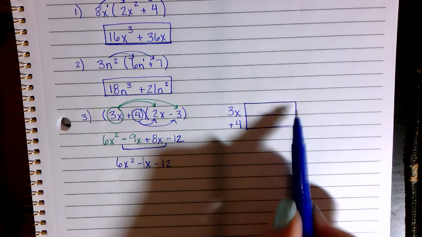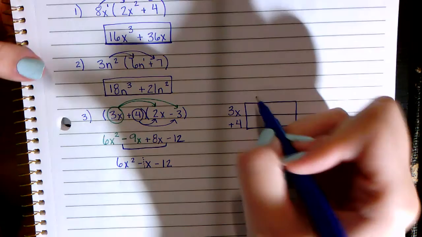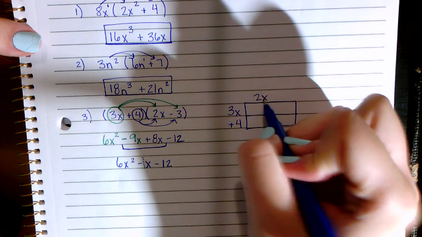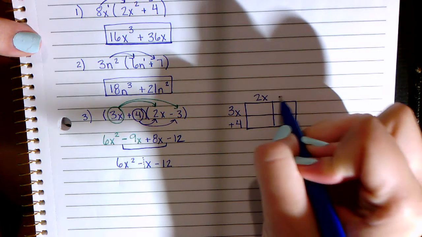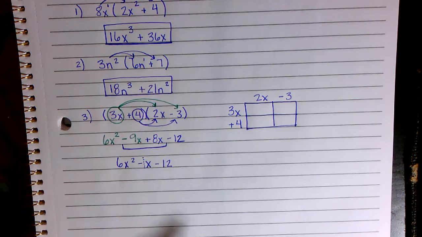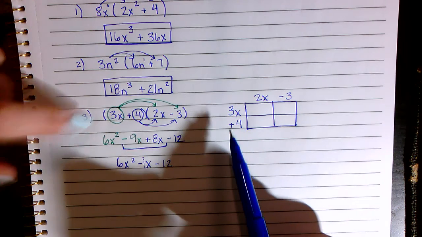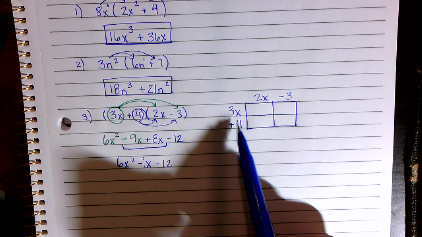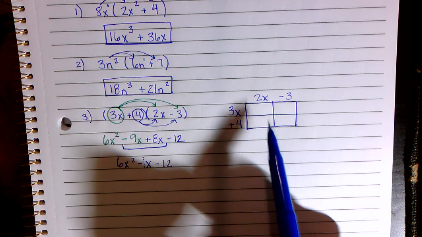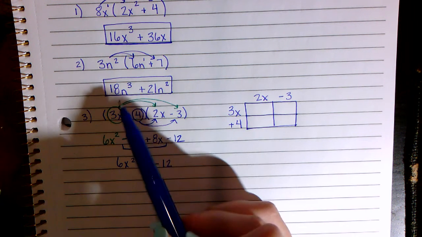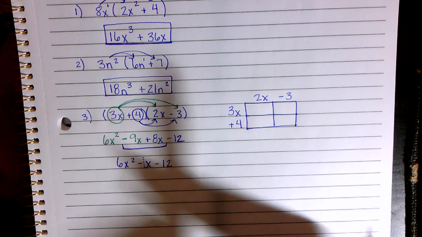So 3x gets a box and positive 4 gets a box. And then on the top, 2x gets a box and minus 3 gets a box. So you're basically turning it into boxes to write your answers instead of using arrows to figure out where we're working with.